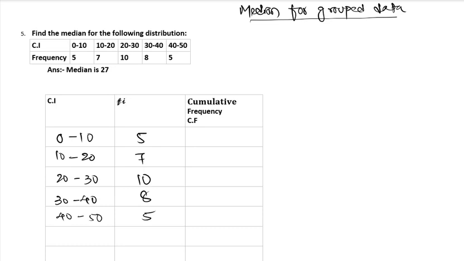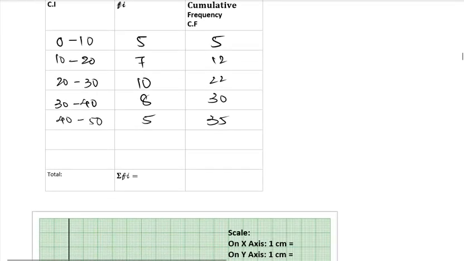Cumulative frequencies: 5 plus 7, 12, plus 10, 22, plus 8, 30, plus 5, 35. So what we have got is our n, which is sigma fi, which is 35.